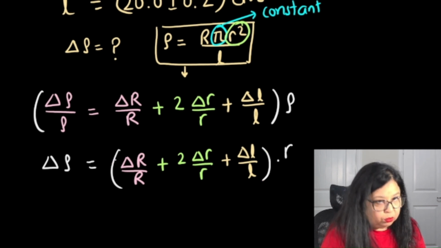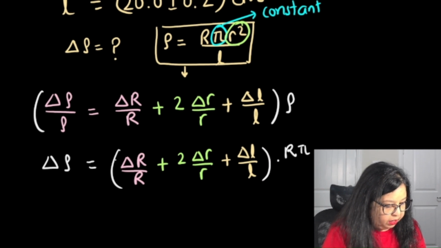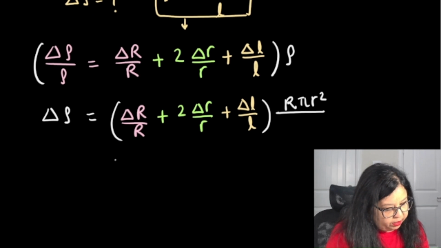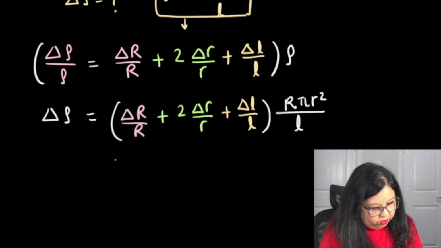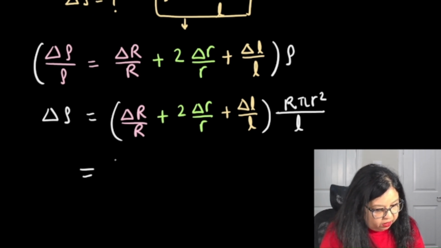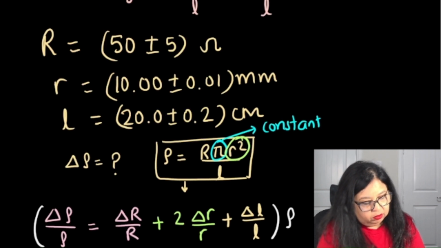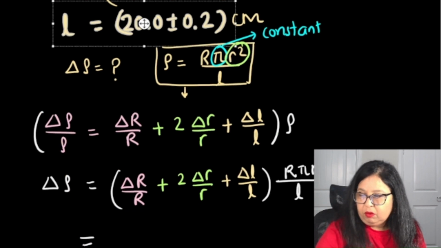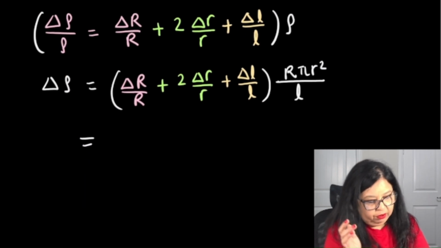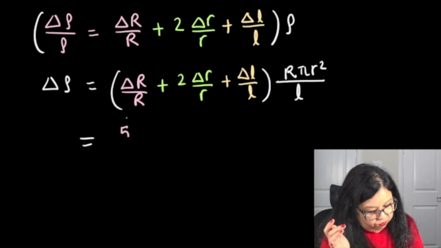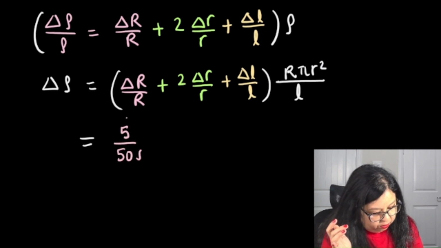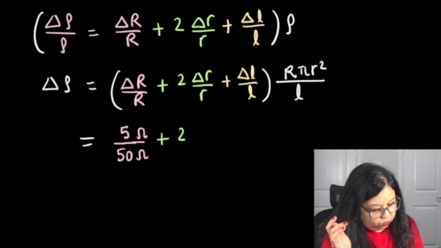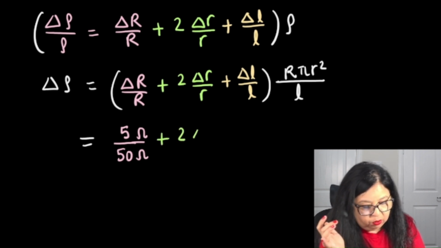And what is rho equal to? R times pi times lower r squared divided by L. Now we're going to plug in the values. R is 50 plus minus 5. Let's go down and write down these numbers. 5 over 50, both ohms, plus 2 times delta r. Delta r was what?